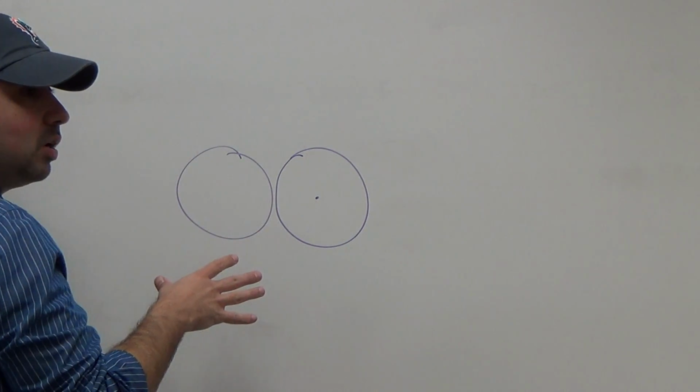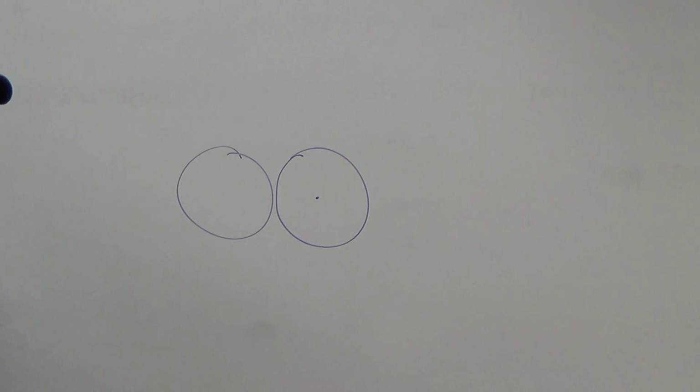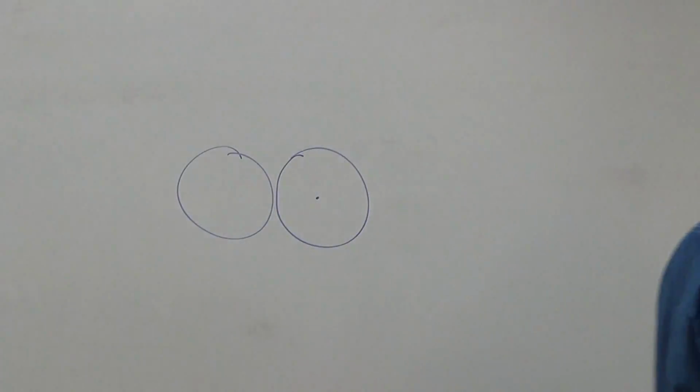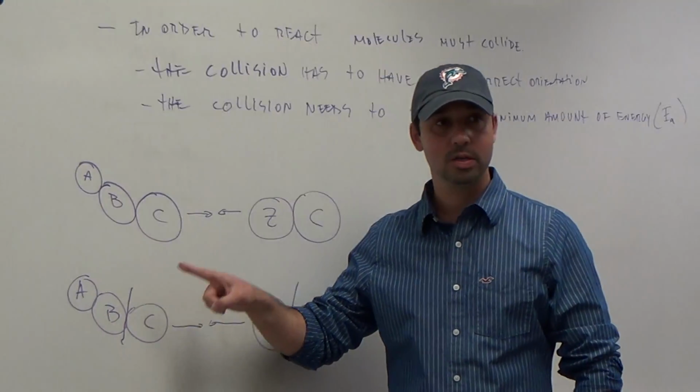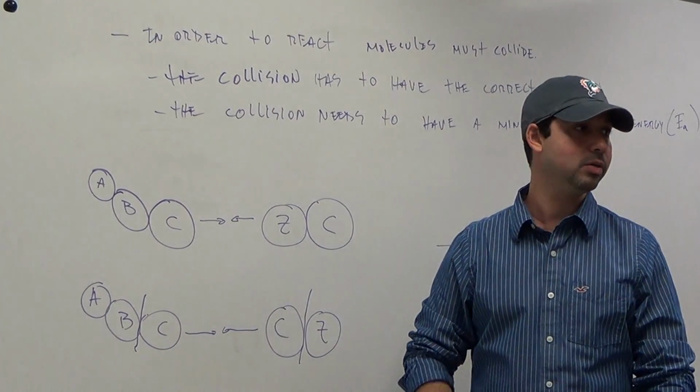Those are not intermolecular forces, those are bonding forces. Okay? So energy of activation says that you have to have a minimum amount of energy for the reaction to take place. This minimum amount of energy is the energy required to break the bonds before new ones can be made. Write that down.